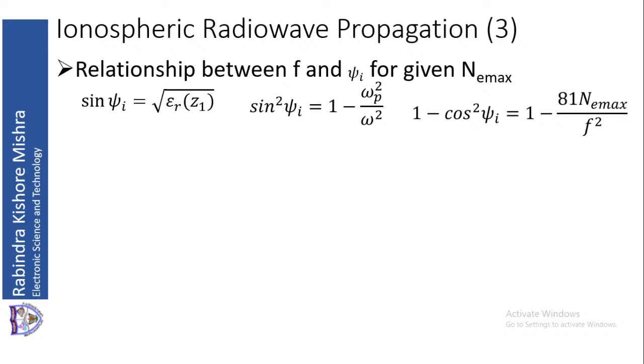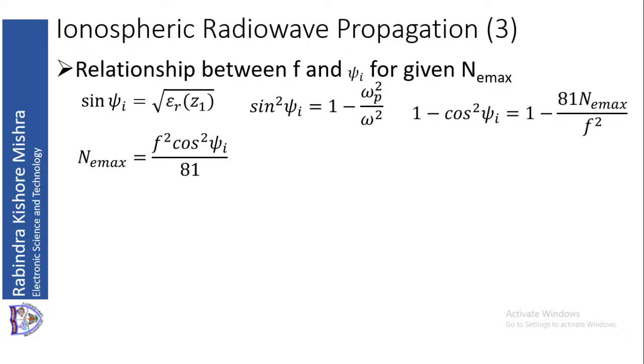Now from that you can easily find out what is Ne max. The 1 cancels out, the minus sign cancels out. So Ne max is equal to f square cos square psi i divided by 81, from which you can get f max corresponding to Ne max.